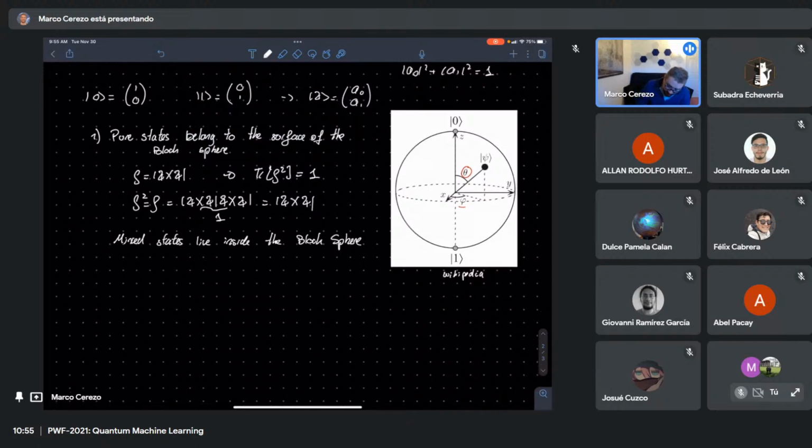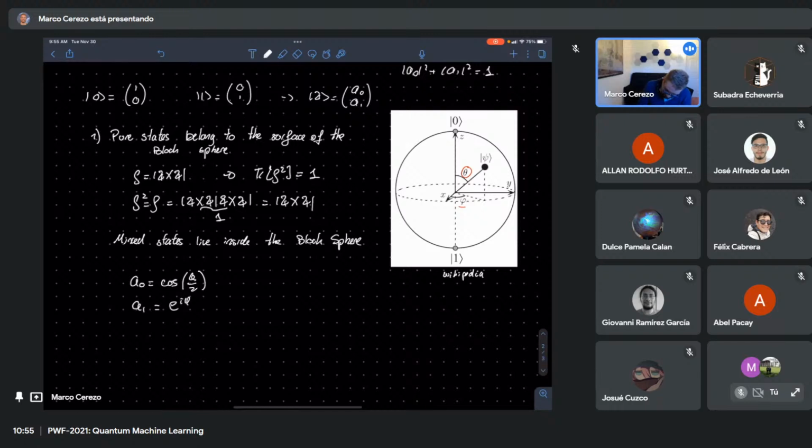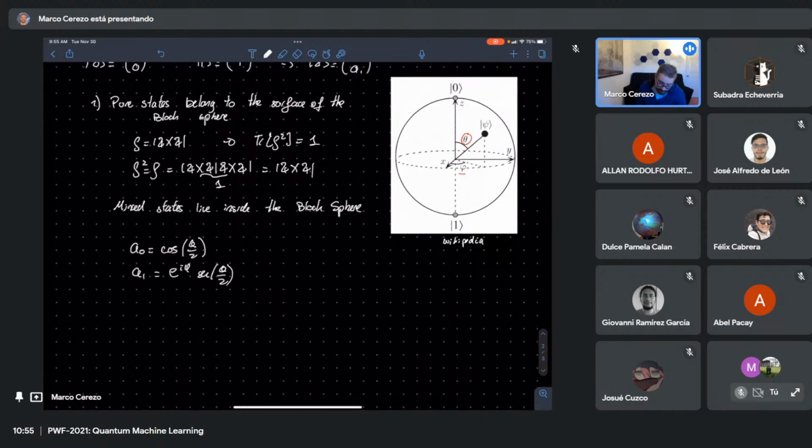In this convention, we usually define A0 to be cosine of theta over 2, and A1 to be e to the i phi times sine of theta over 2. With this equation, any point on the sphere is determined by two angles, theta and phi.